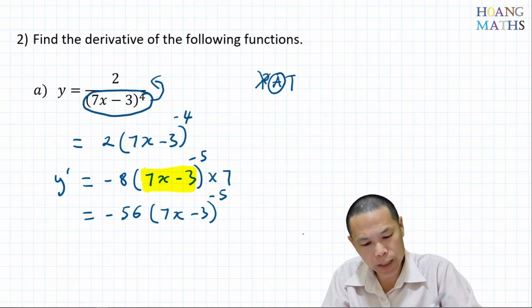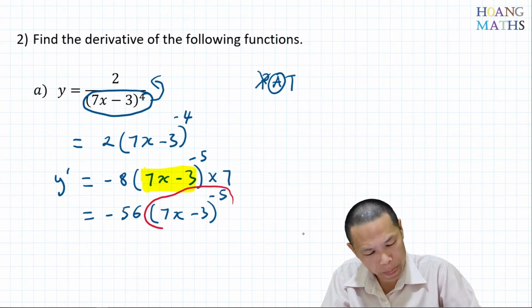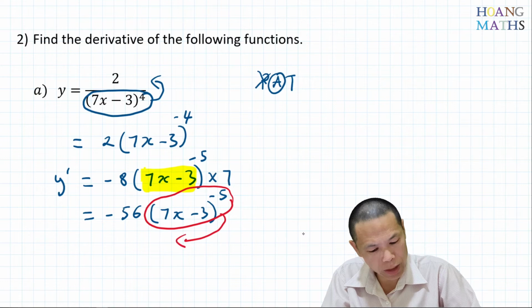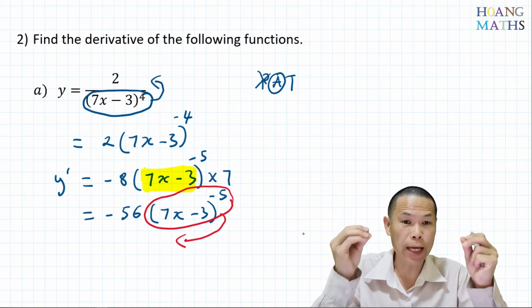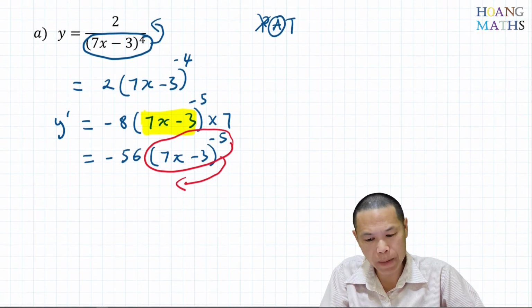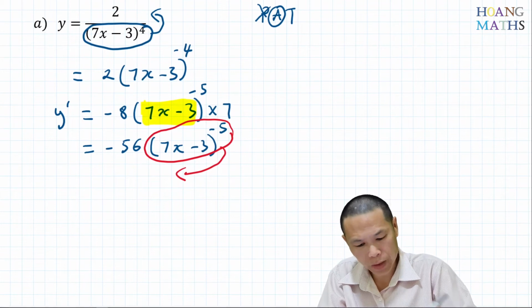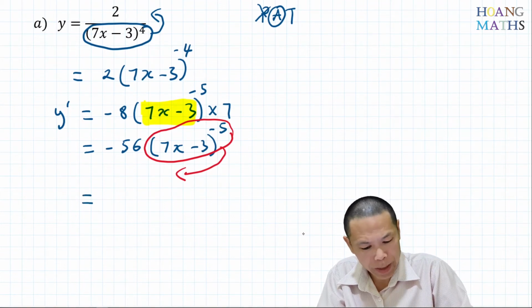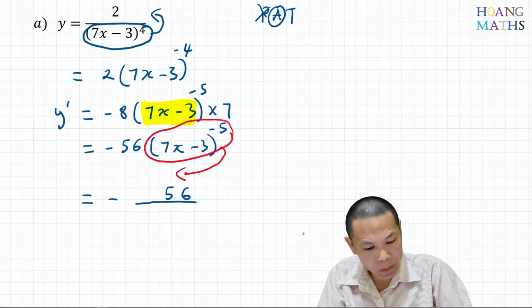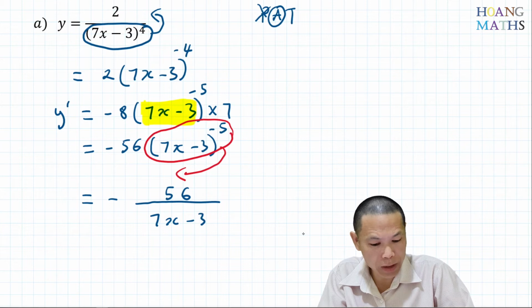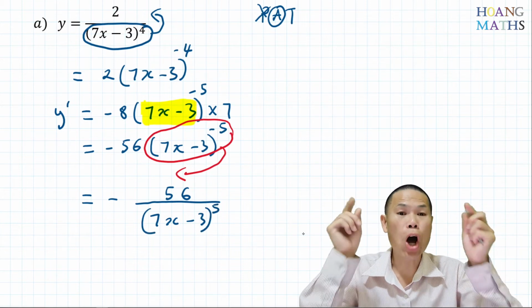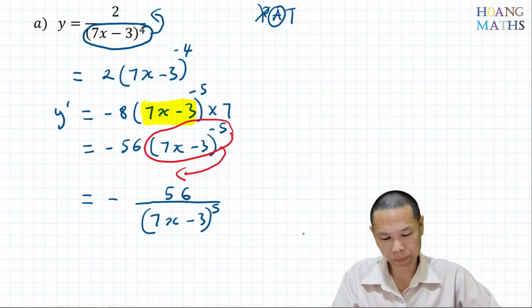So in other words, I need to bring this group down so that it becomes a positive index, okay? So let me move this up. So this will give me negative 56 over, so I just write (7x minus 3) to the power of 5. There you go. I hope you got it correct.